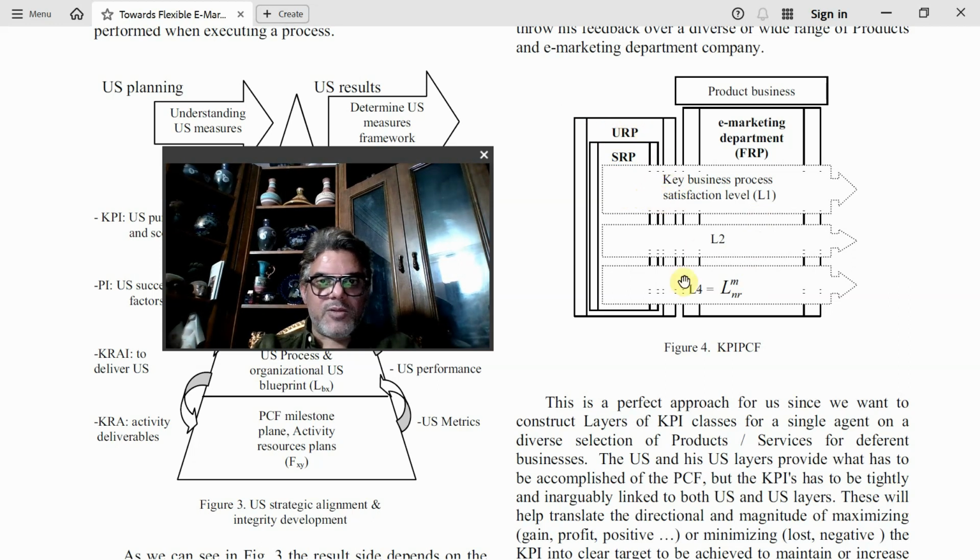But the 6 levels contain the SRP, the satisfaction requirements profile, which has the user. Let's say this is the user variables and this is the user requirements, and they are both in the 6 levels. So this cross-reference goes through the e-marketing department, which is a very small part of the product businesses.